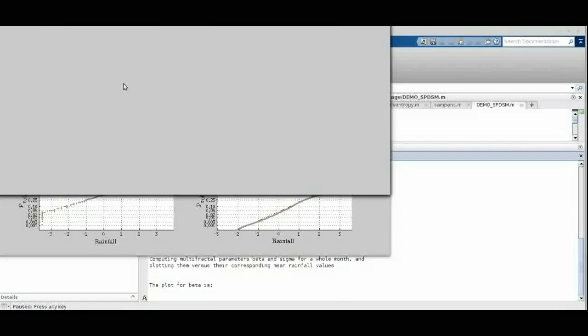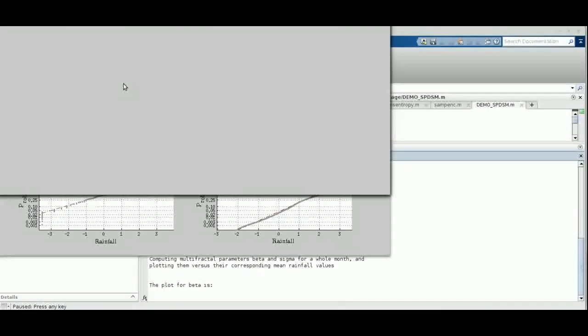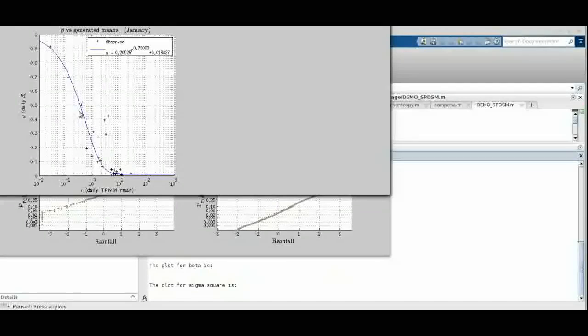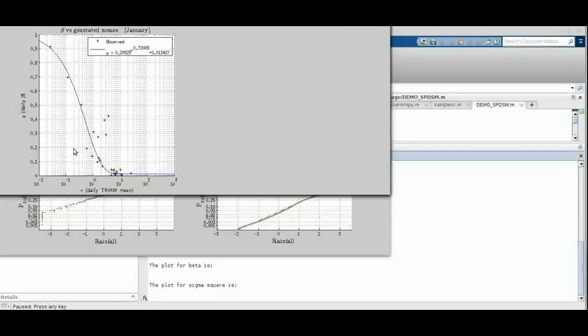The next step is to compute those parameters using the formula that we use after characterizing the random generator in a multifractal fashion. Here, we just show several computations of the parameter beta for several snapshots in terms of the daily TRMM mean corresponding to that particular snapshot.